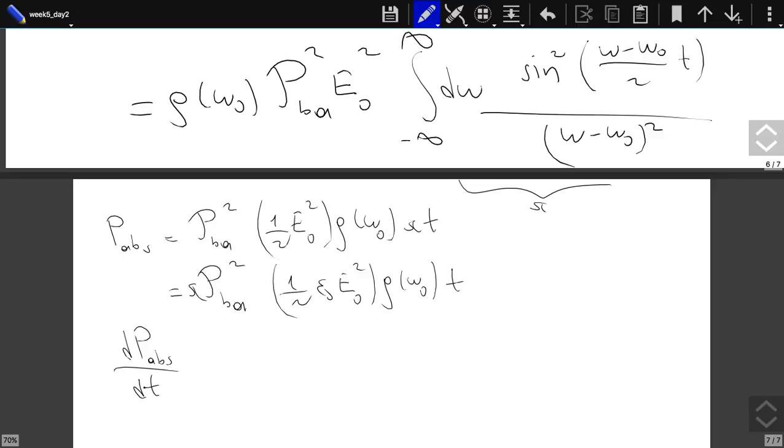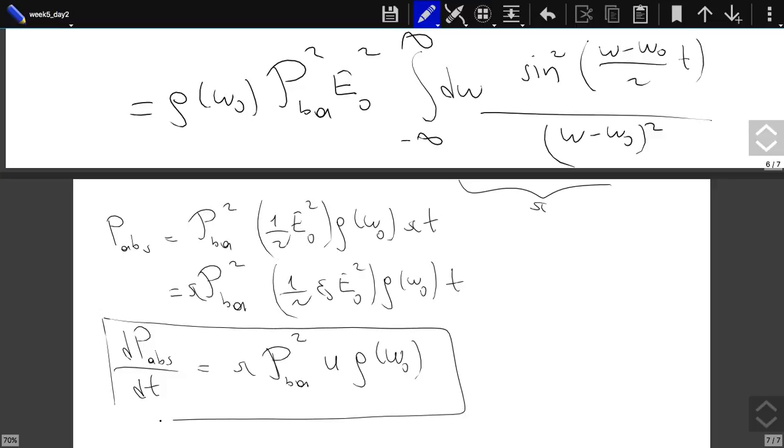Well, that's what you would also expect. And this is the energy density, 1 over 2 epsilon 0 E squared, times rho of omega 0. Well, in this expression, the transition is only to the omega 0 state. So the only density that matters is the density at that frequency, which is what determines the absorption probability.